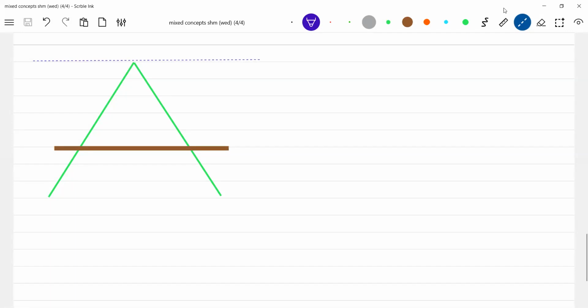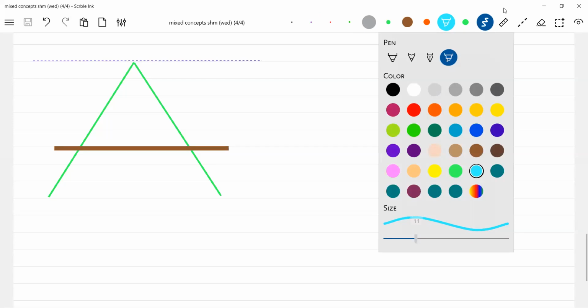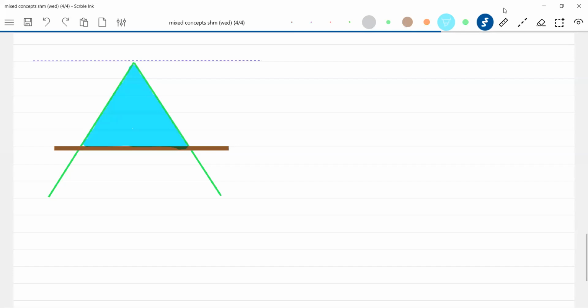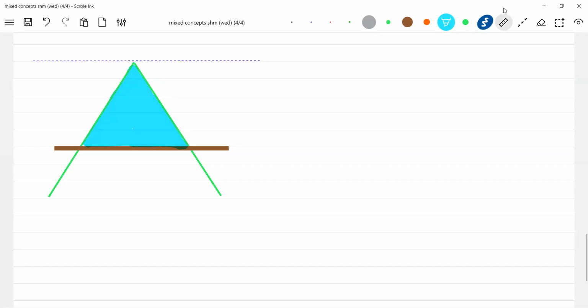Carefully make observation. Okay, here we have a film. I think I'll make black color, that one.